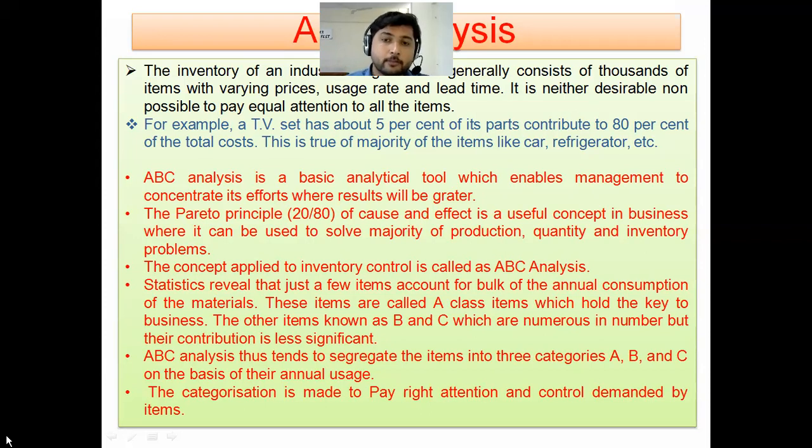So this is the situation. Consider a TV, a car or a refrigerator: only 5% of components consume at least 80% of the amount, and the remaining components consume 20% of the amount in that product.